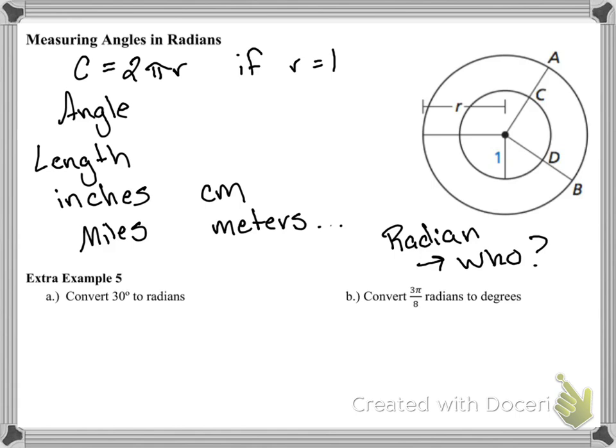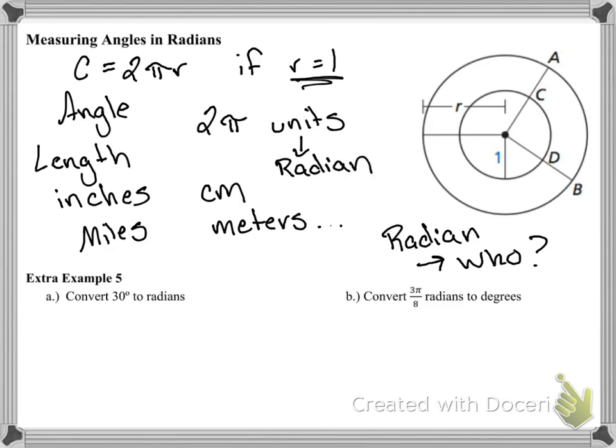So instead of 360 degrees, let's say it goes through 2 pi units all the way around, and they decided to call that unit a radian.